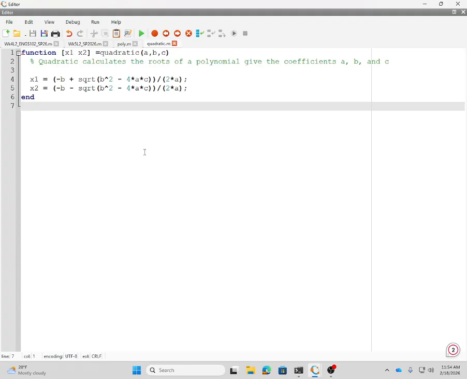No, SQRT, square root, for both cases. Top line also. Save it. Yeah, we have it now.